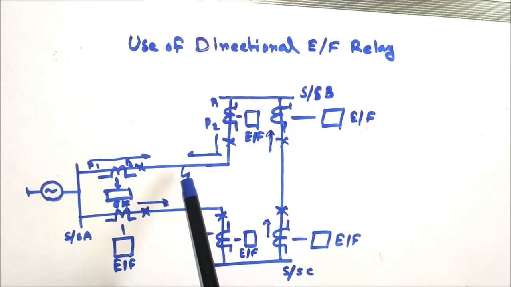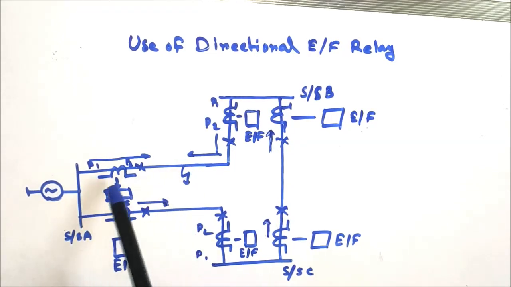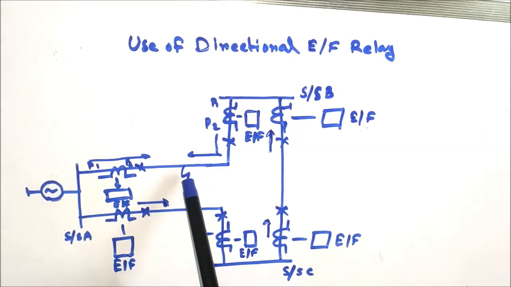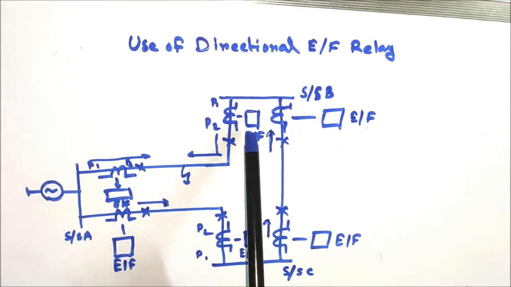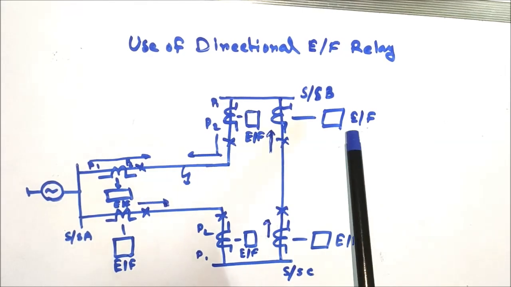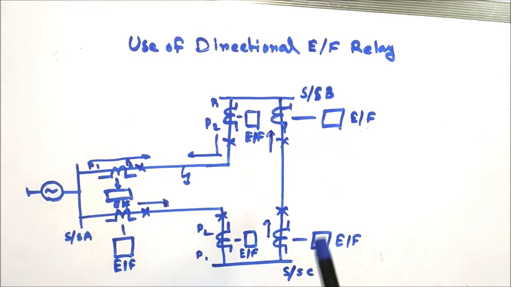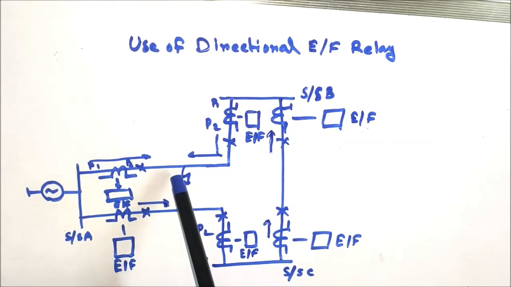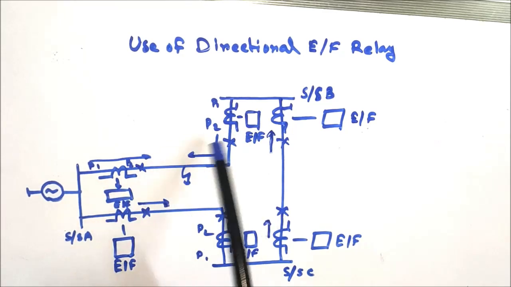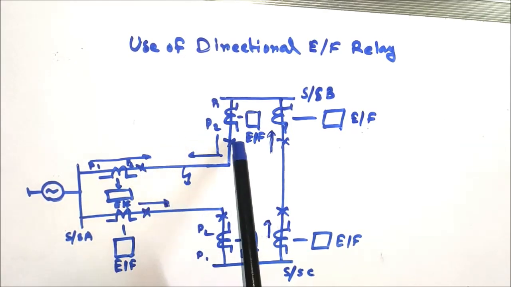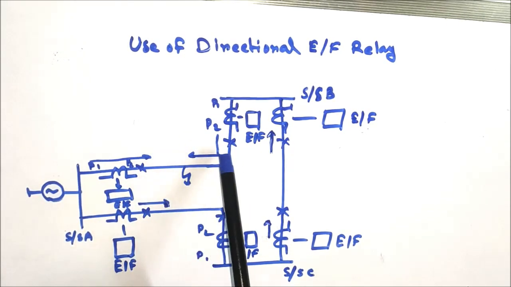So if a non-directional relay is used, then due to a fault at section AB at this point, this relay will sense this fault, and also this relay will sense this fault. So under fault condition, these relays sense the fault and trip the circuit breaker to clear the fault.